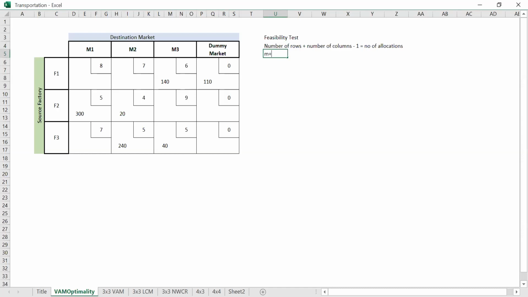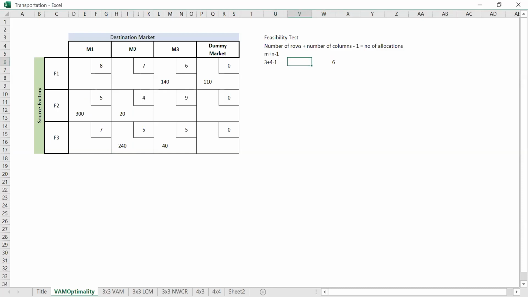Or in short, it's called M plus N minus 1. So we have number of rows 3 plus number of columns 4 minus 1 on one side. Number of allocations, counting it 1, 2, 3, 4, 5, and 6. So 6 allocations here, which matches. Now both these sides are equal.